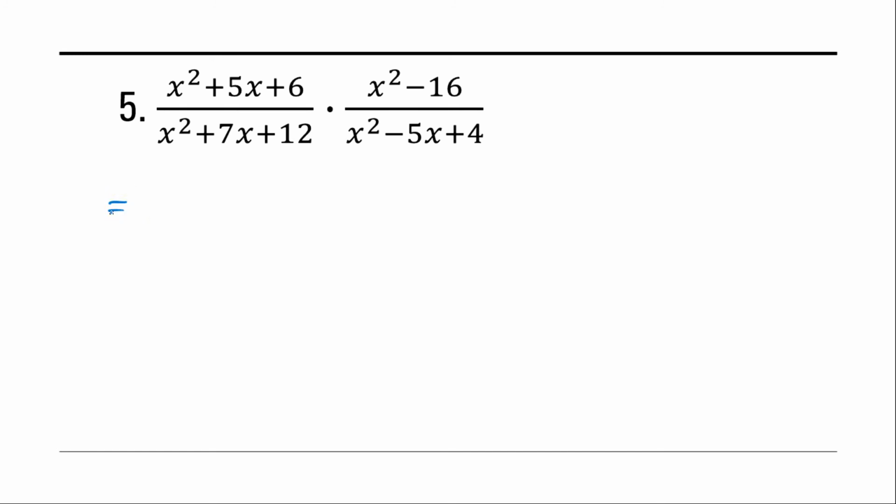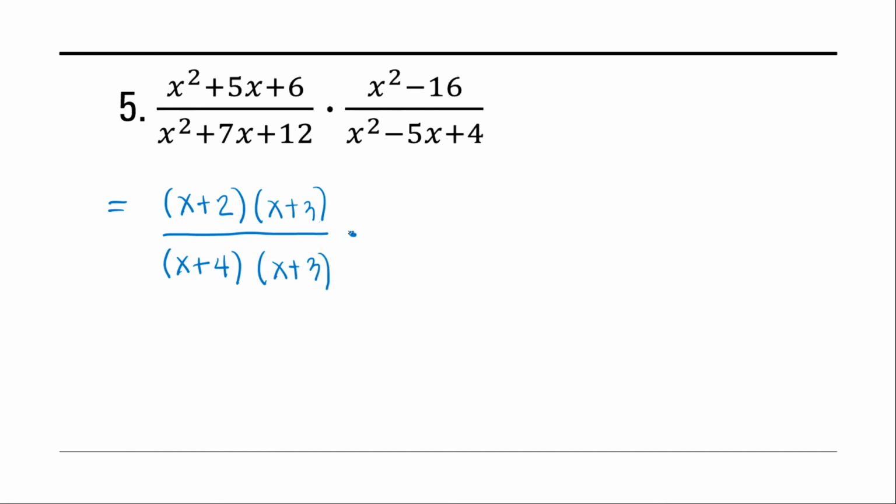So, x squared plus 5x plus 6 can be factored out as x plus 2 times x plus 3 over x squared plus 7x plus 12 can be factored out as x plus 4 times x plus 3 times x squared minus 16 can be factored out as x plus 4 times x minus 4.